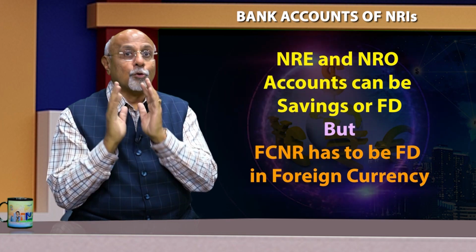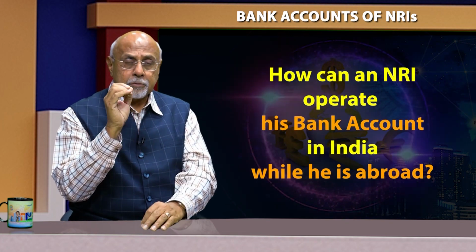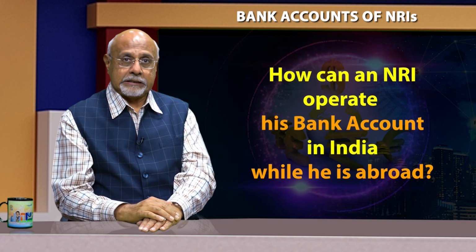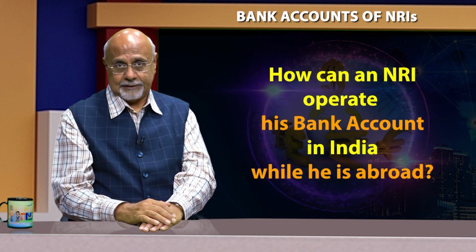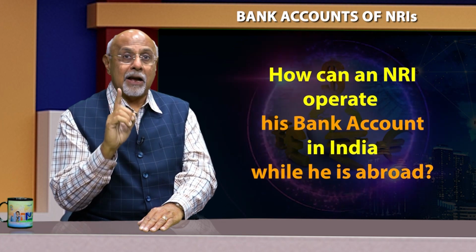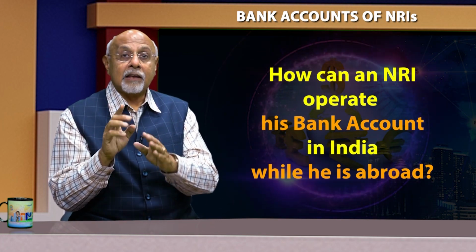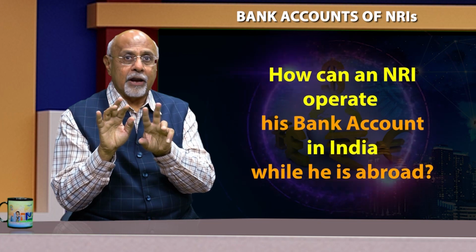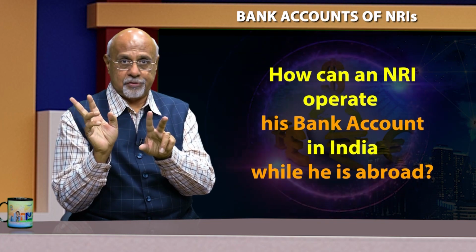Now, coming to some very smart but practical advice to our NRI friends. First and foremost, keep in mind that there are a different set of regulations for your different accounts.